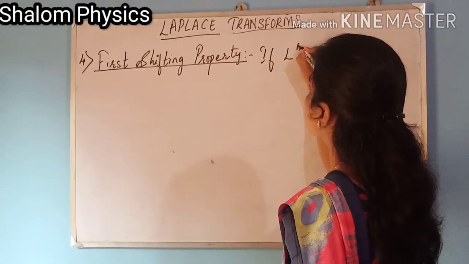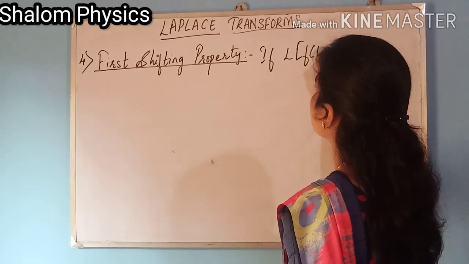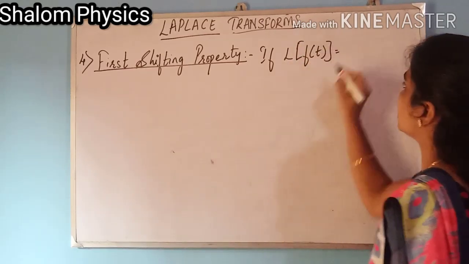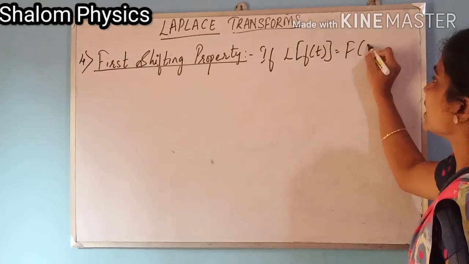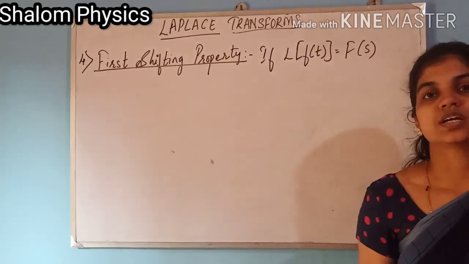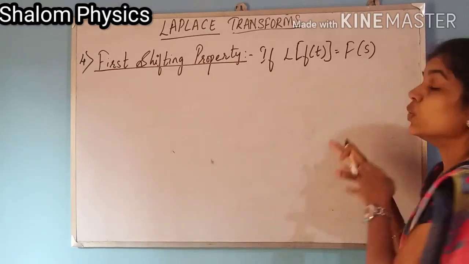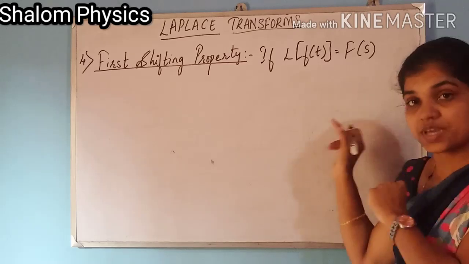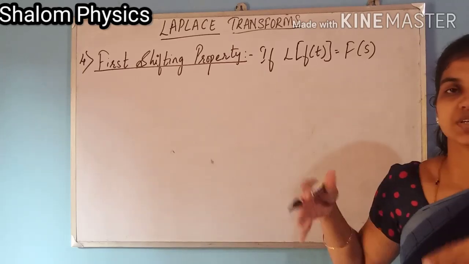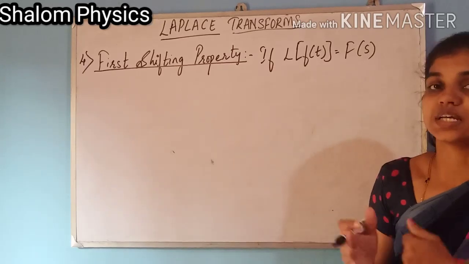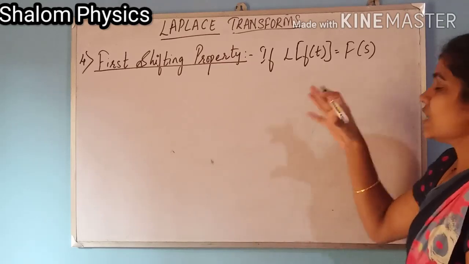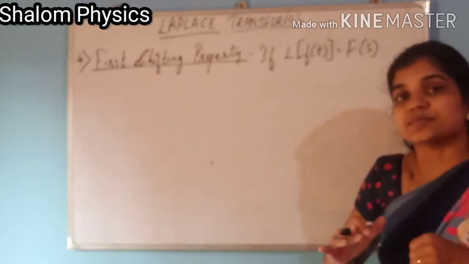Laplace transform of f of t is equal to f of s. Now please see that we are mentioning it as f of s and not 0 to infinity e raised to minus st f of t dt, because we are trying to make things simpler.